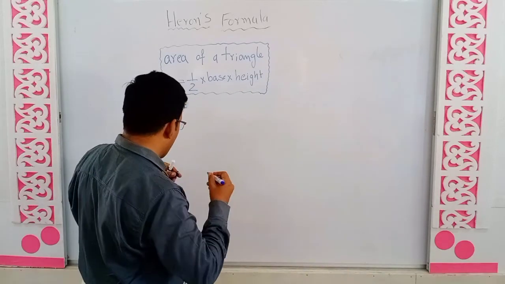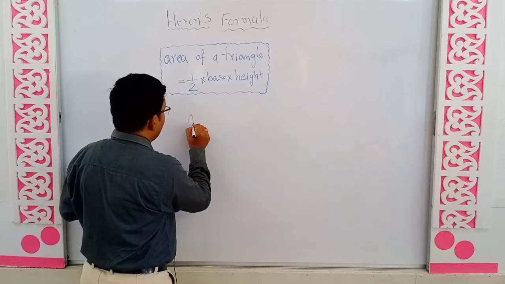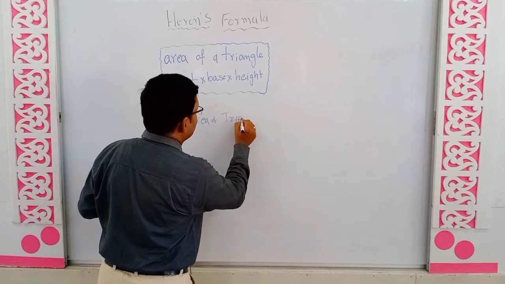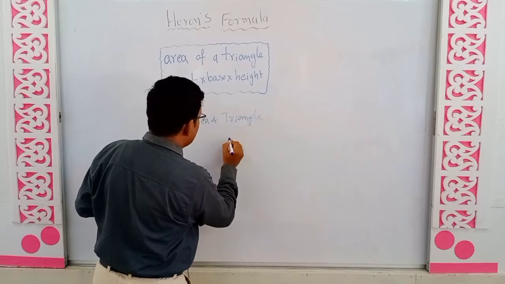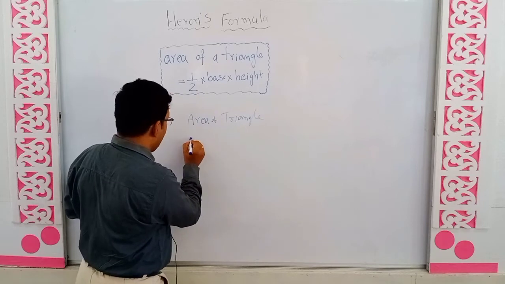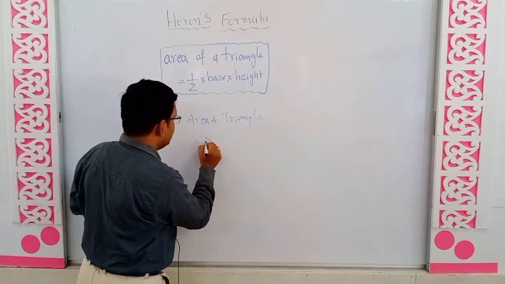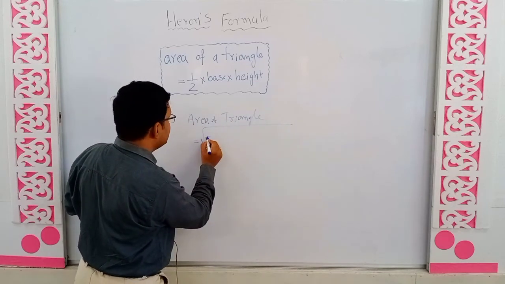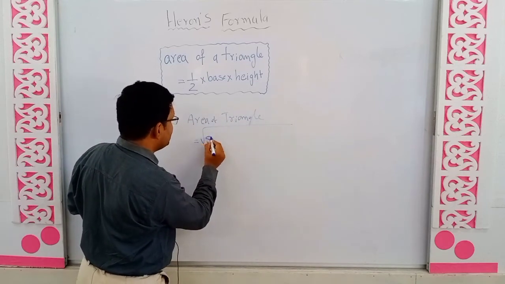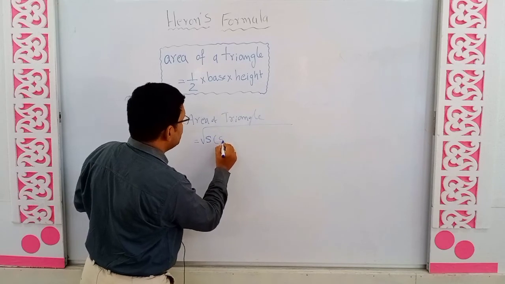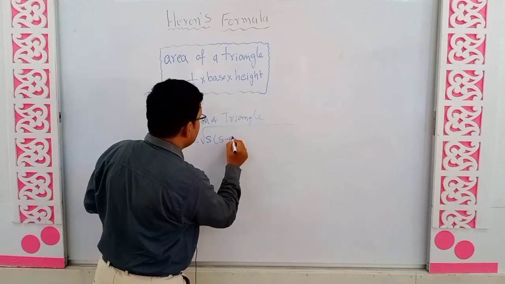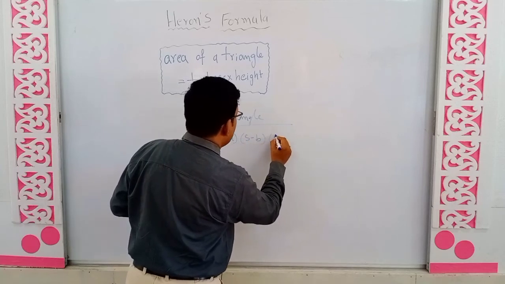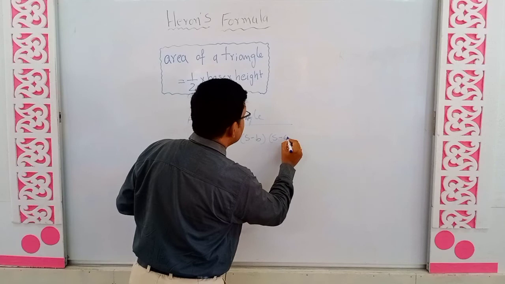So Heron's formula, area of the triangle. Let me give you the formula first: the square root of s into s minus a, s minus b, s minus c.